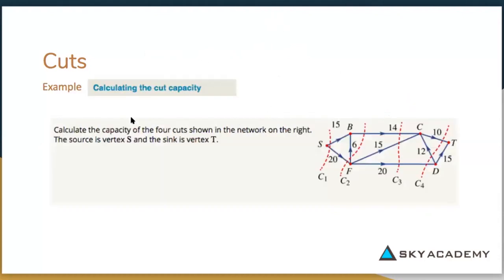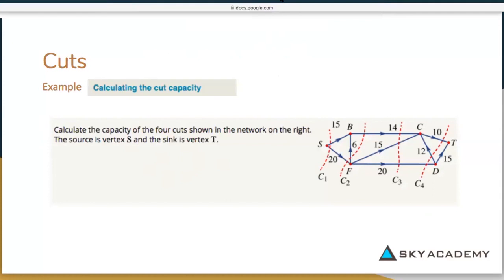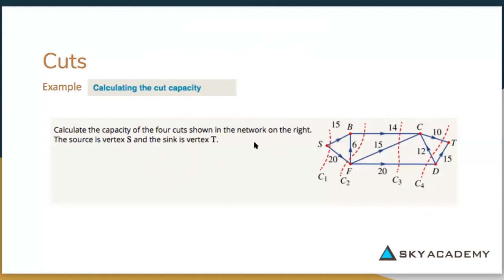Let's have a look at this example here. We have to calculate the cut capacity. If we have a look here, there are 4 cuts, and we will do the first cut first.